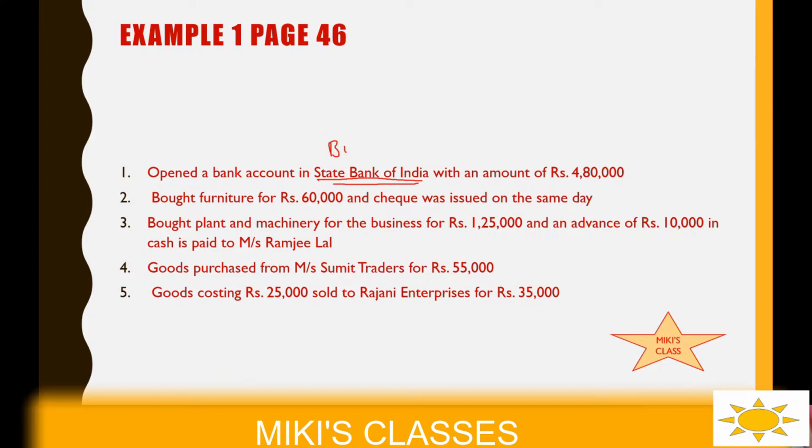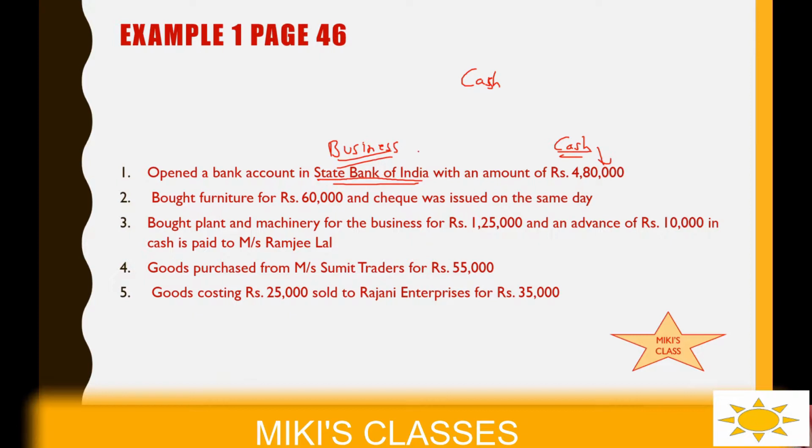This will be in the name of the business, right? So an account has been opened in the name of the business and some cash has been put in. How much cash has been put in? 4,80,000. So whenever cash is involved, cash will be one of the accounts. So we know one of the accounts involved in this first statement is cash.